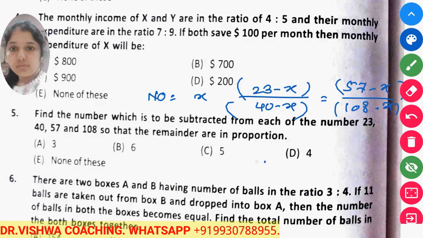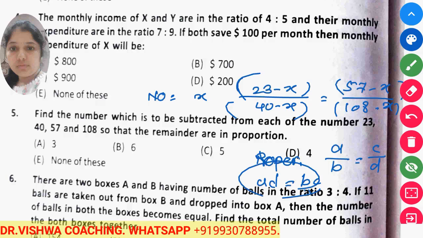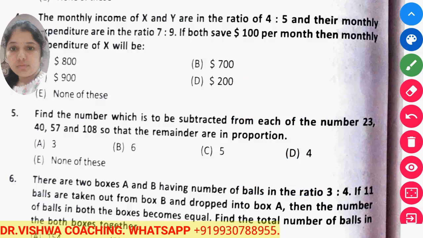Now by using the property of proportion, if A is to B is equal to C is to D, then AD is equal to BC. Using this property we can find the value for X. So this is your homework.